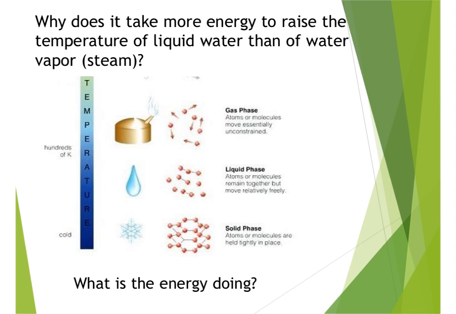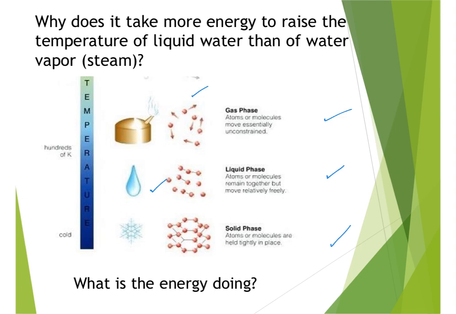So let's look at the three different phases of water: solid, liquid, and gas, on a molecular level. In the solid phase, as always, the molecules are packed tightly. They're a little bit more loosely packed in the liquid phase, and then they're pretty far away in the gas phase.